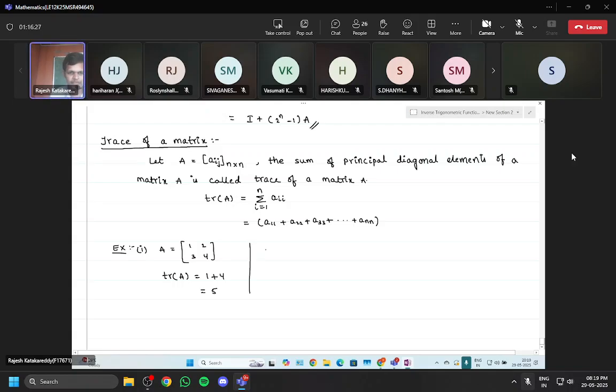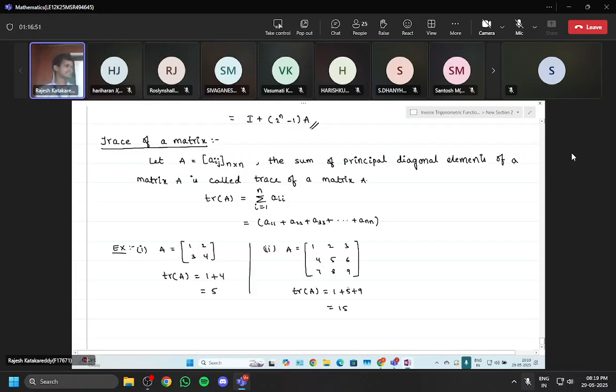If we take any order 3 matrix, 1, 2, 3, 4, 5, 6, 7, 8, 9, then 1, 5, 9 are principal diagonal elements. In that case, trace of A is equal to 1 plus 5 plus 9, which is 15.